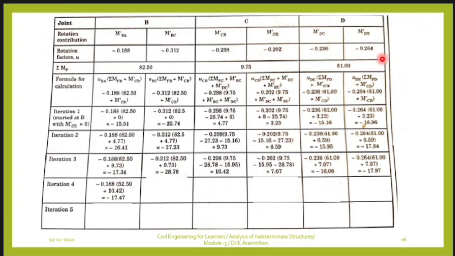Last answer. And what is M dash BC? 28.99. Now M dash CB will be 10.52. Yes.